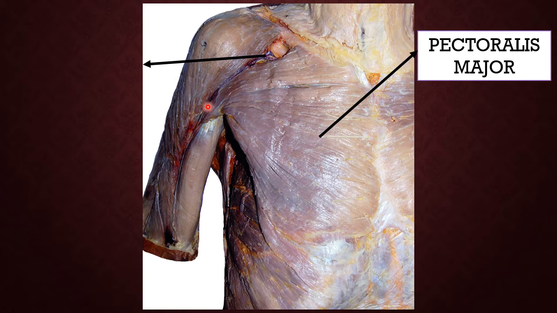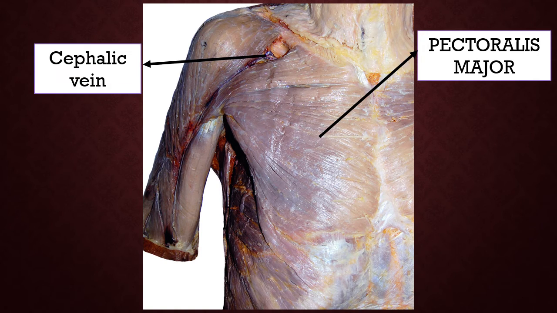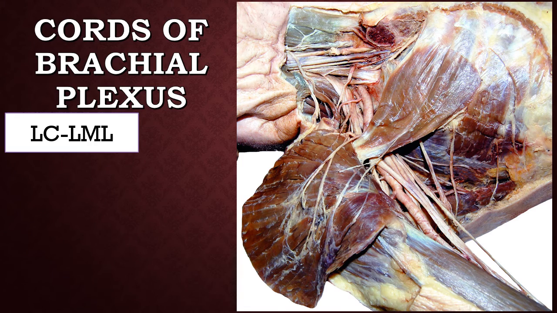What they usually ask regarding the cephalic vein is what fascia is pierced by the cephalic vein and where the cephalic vein drains. The cephalic vein pierces the clavipectoral fascia and drains into the axillary vein. So this is the cephalic vein.